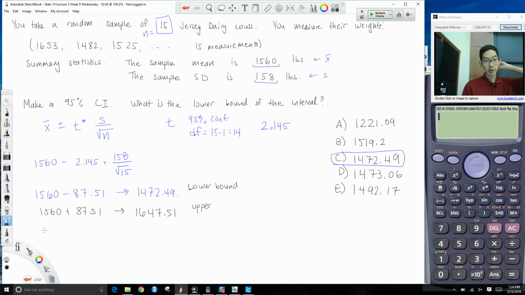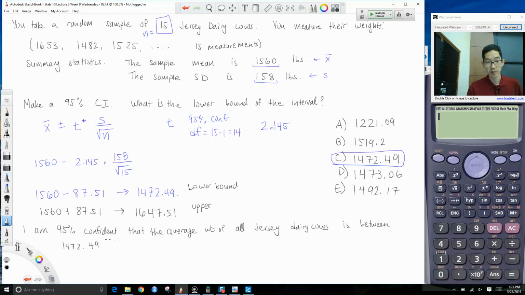And then we would say something like, I am 95% confident that the average weight of all Jersey dairy cows is between 1,472.49 pounds and 1,647.51 pounds.